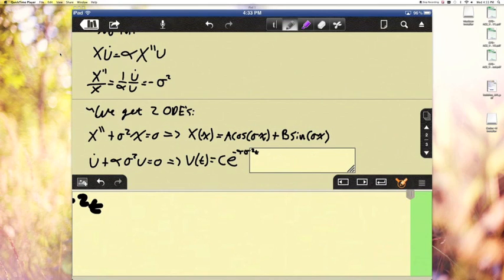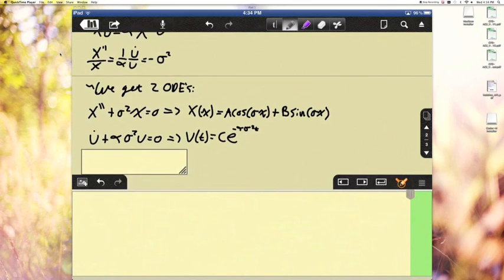So we now know that our temperature as a function of x and t is going to be both of these functions multiplied together. In order to make this a little bit more simple, what we're going to do is we're going to multiply across, and we're going to say that a times c and b times c is just equal to some constant, because we still have to figure out what those are anyways.